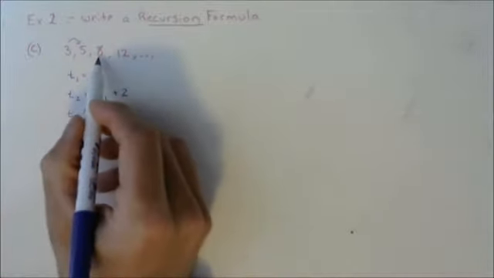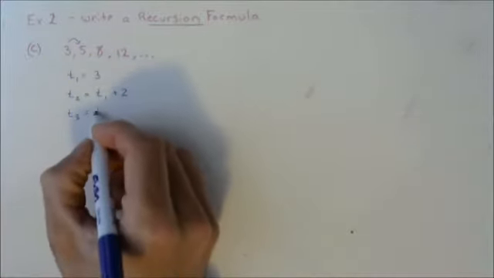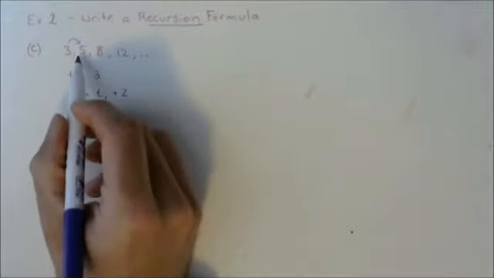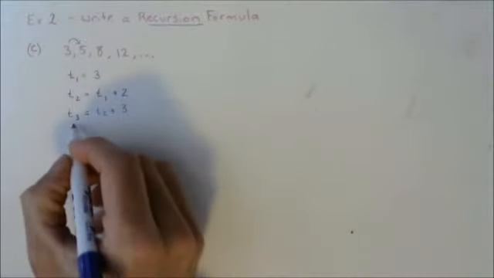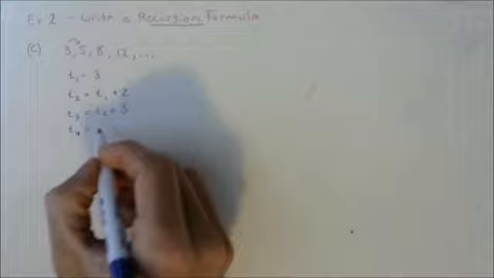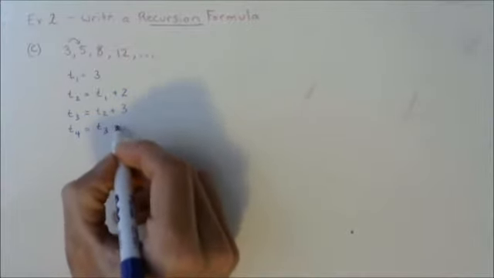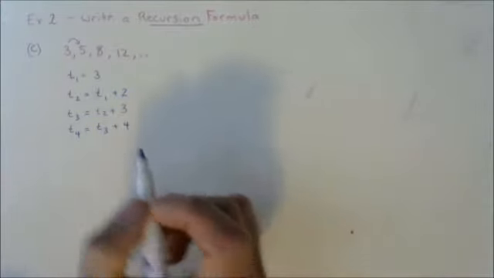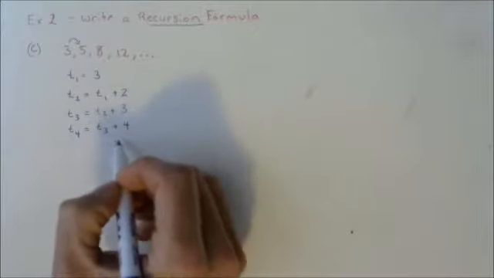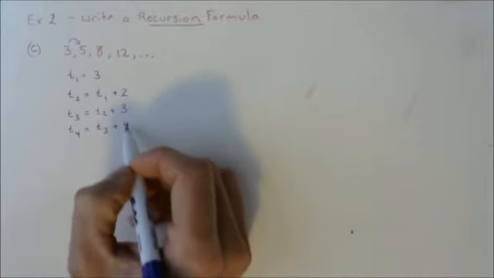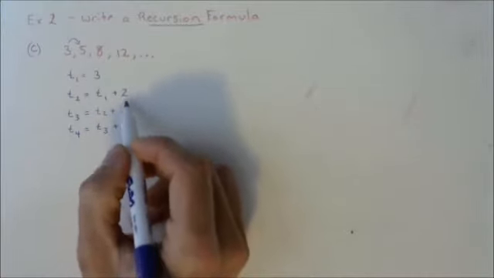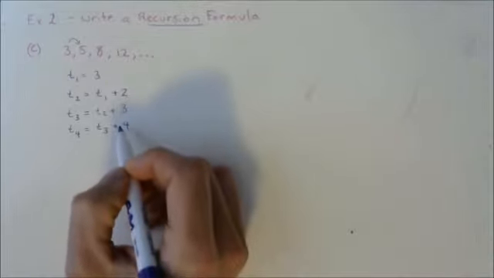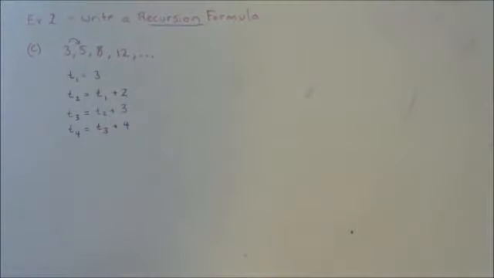So how do we get the third term? Well, I simply take the second term, and this time I actually have to add 3. To get the fourth term, I take the third term, and this time I have to add 4. So you see I'm taking the previous term, but now the number that I'm adding is not constant. It's changing. It's going up by 1 each time, but can you spot another connection?